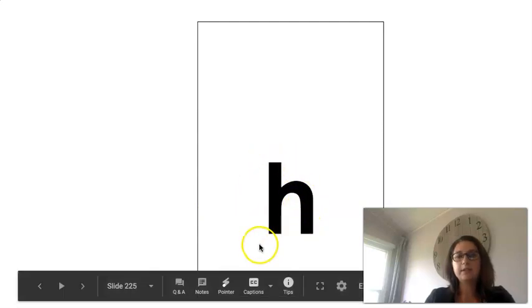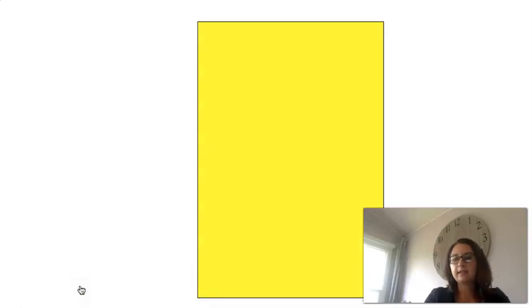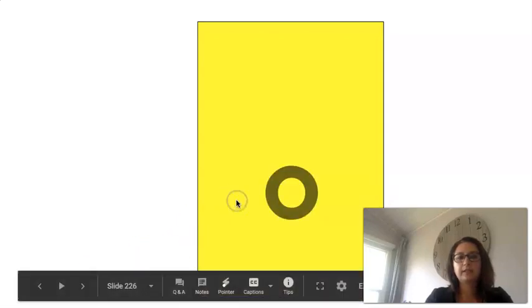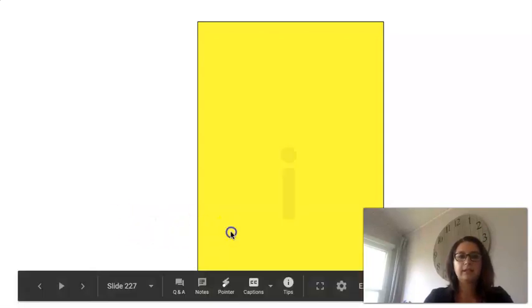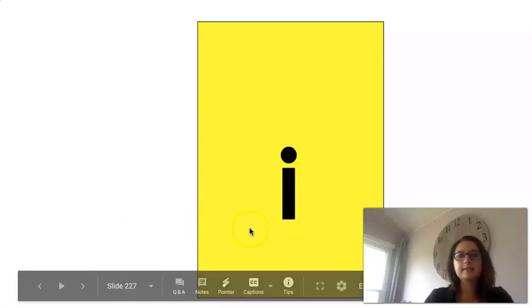H says H. The next sound is ah. Did you find the letter O? O says ah. The next sound is I. Did you find the letter I? I says I.